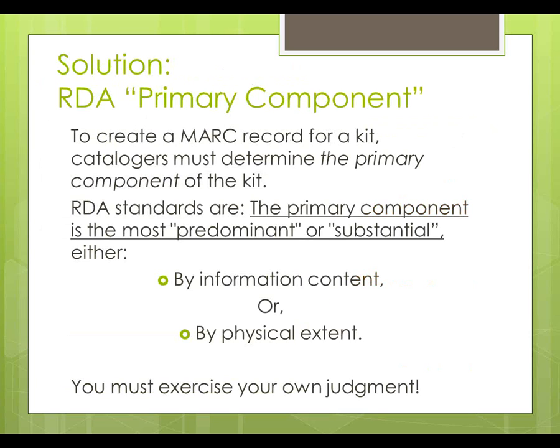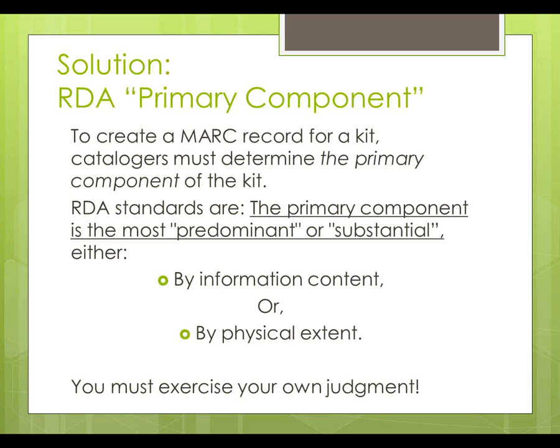So the RDA cataloging standards talk about the concept of a primary component in a kit. And this is an area where we rely on catalogers to exercise judgment in determining what that primary component is.